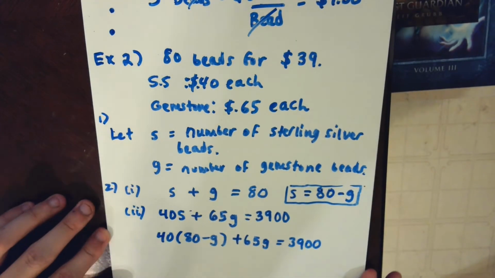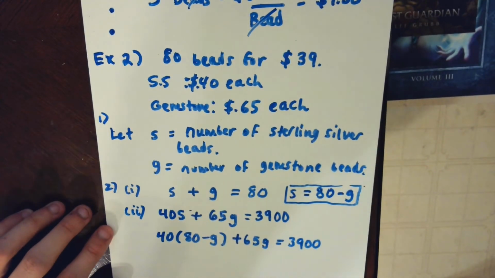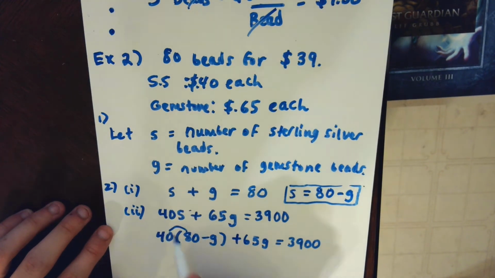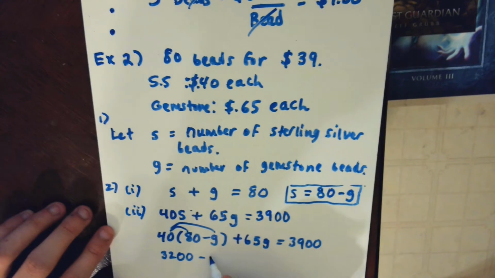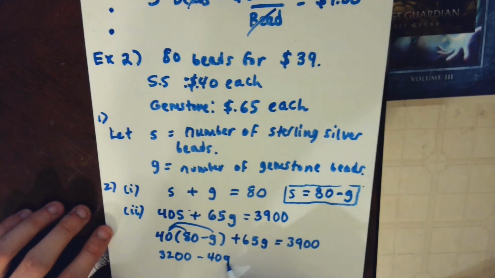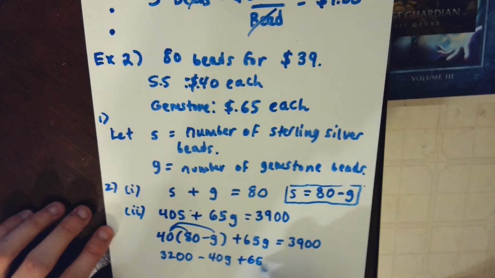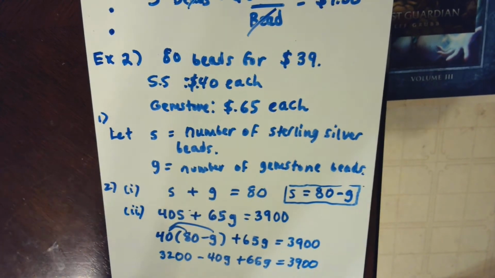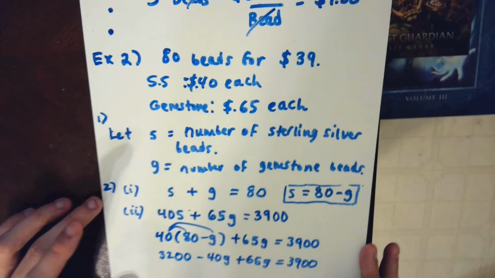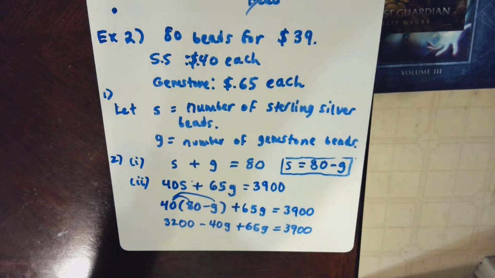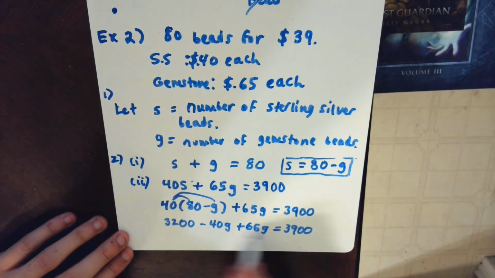All right. So I'm going to bring this up a little bit. And now we just need to distribute, leaving us with 3,200 minus 40G plus 65G equals 3,900. And now we can combine these two like terms together.